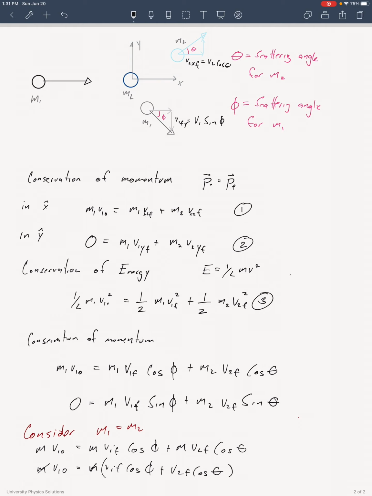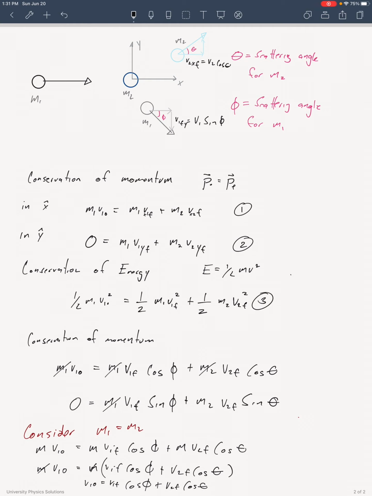And so I would get b10 is equal to b1 final cosine of phi plus b2 final cosine of theta. Right? So really what it ends up doing is all the masses end up being the same and equal, so they cancel out.